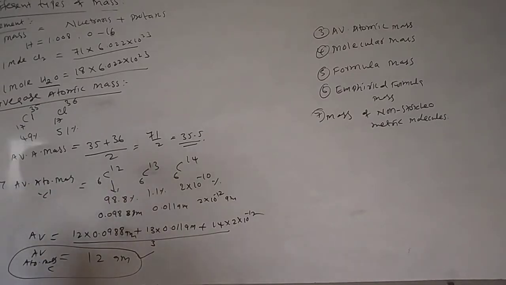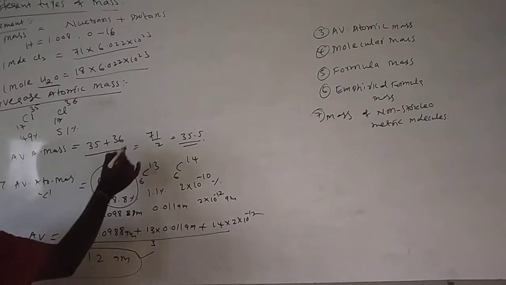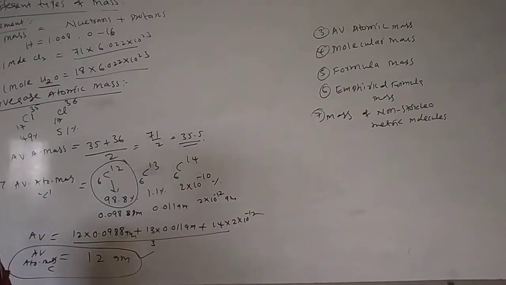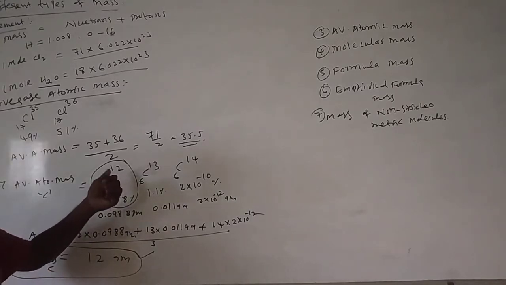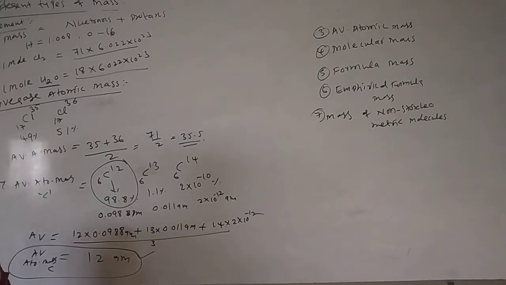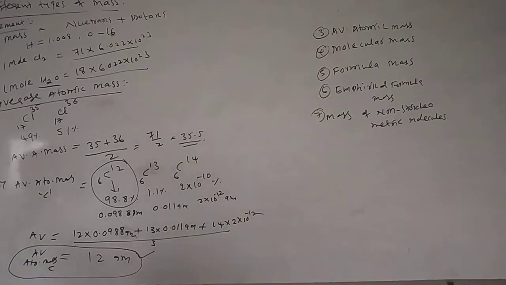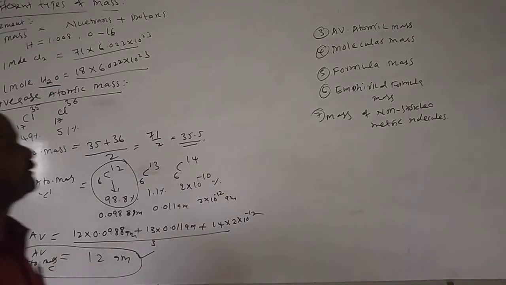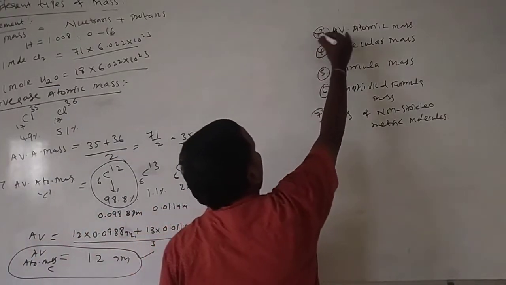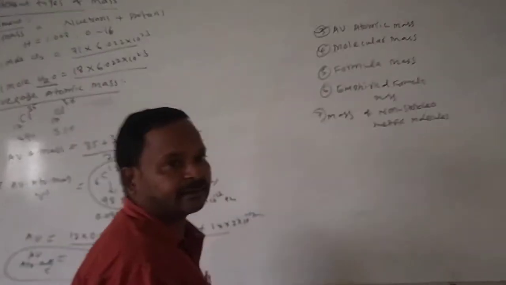The abundance of this carbon is 98.8%, so use only the atomic mass of carbon as 12. Use it like that. Okay, this is the average atomic mass. You take any one, you get it like that.